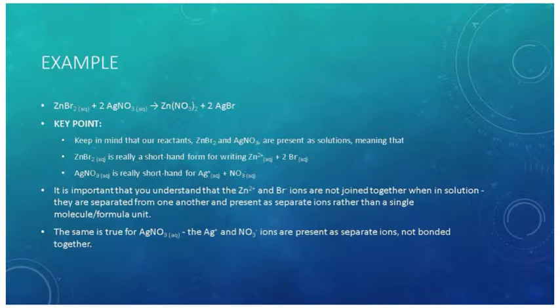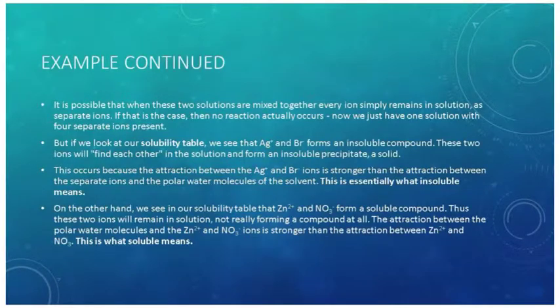They are separate from one another and present as separate ions rather than a single molecule or formula unit. The same is true for the AgNO3. The Ag+ and the NO3- ions are present as separate ions, not bonded together. So they're all just floating around, happy-go-lucky, all by themselves.